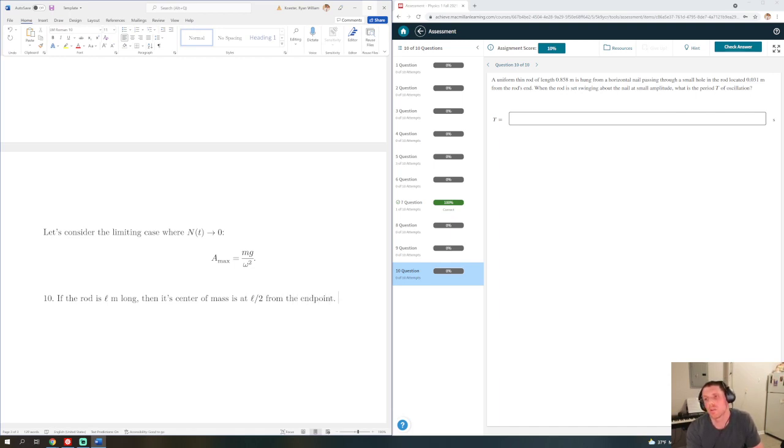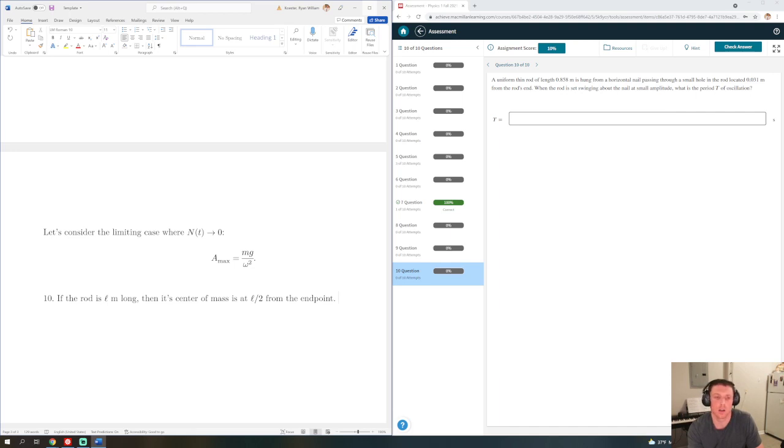So it looks like we're going to need the moment of inertia of the rod about an axis, let's say, that doesn't pass through its center of mass or one of the endpoints. And so we need to first figure out what the moment of inertia is in this case. So we do this with the parallel axis theorem, right? Let me just put some words here.